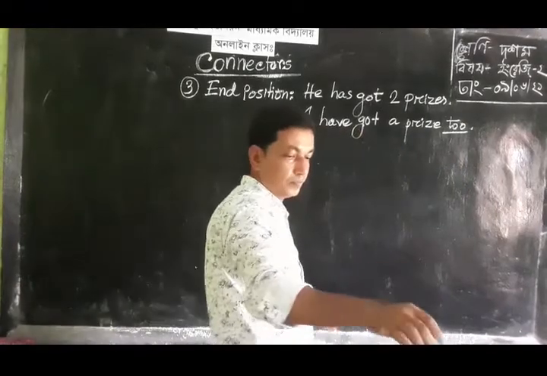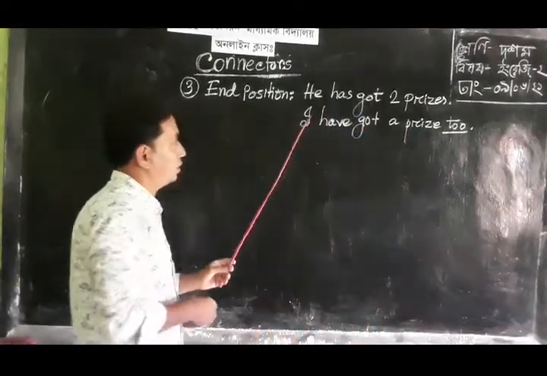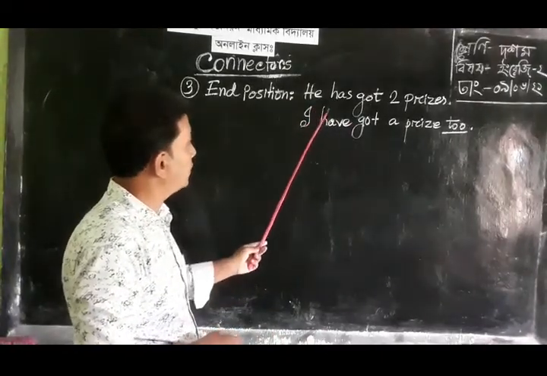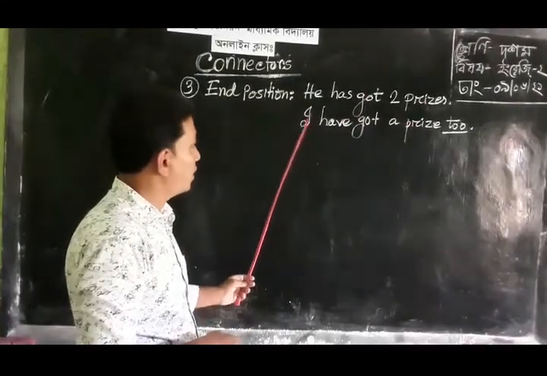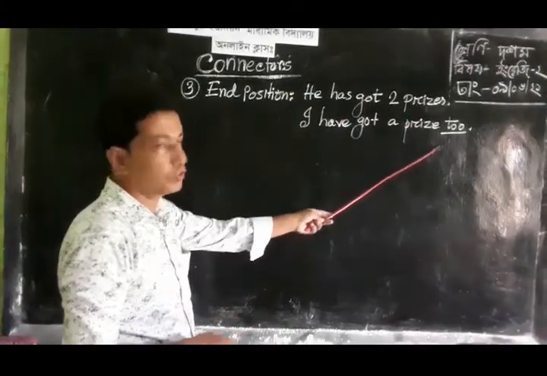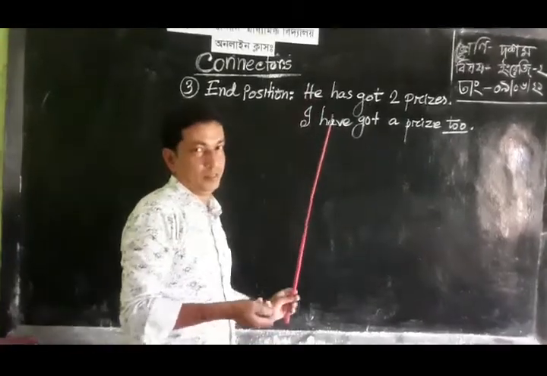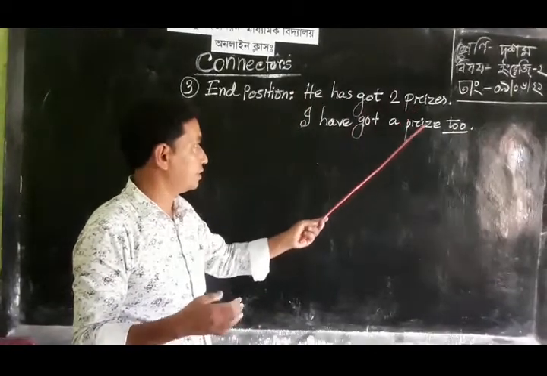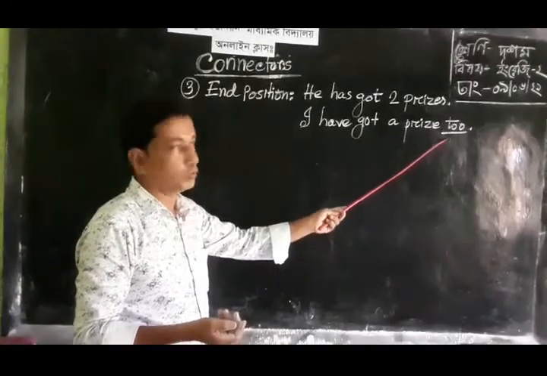Dear learners, look at the sentences. I have written two sentences. One is, he has got two prizes, and another sentence, I have got a prize too. Because there are two persons here, he and I. He said he has got two prizes, and I also said I have got a prize too.